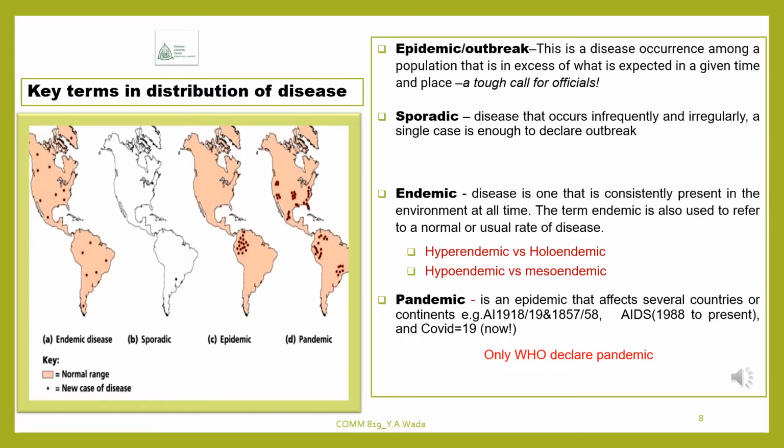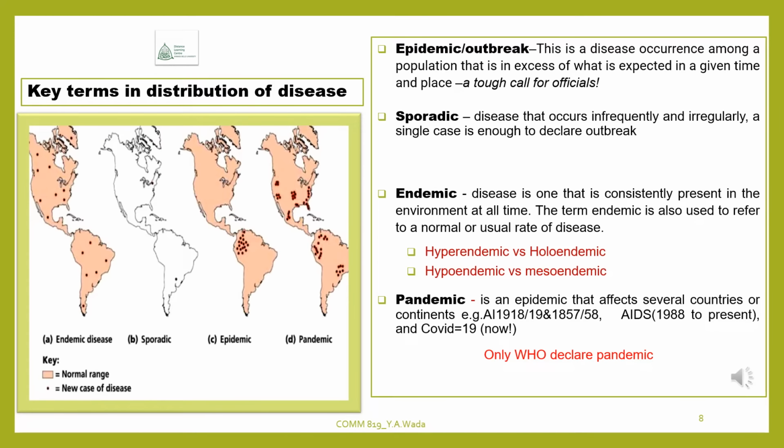Sometimes the two are used interchangeably. However, an outbreak as an epidemic is limited to localized increase in incidence of diseases, e.g. at village level, town, or in a closed institution.